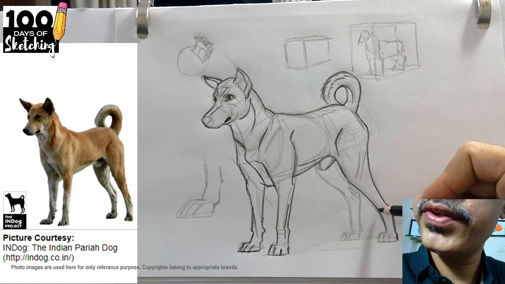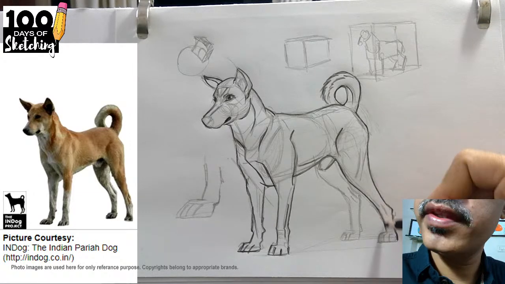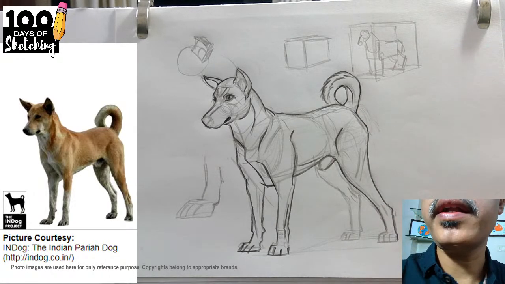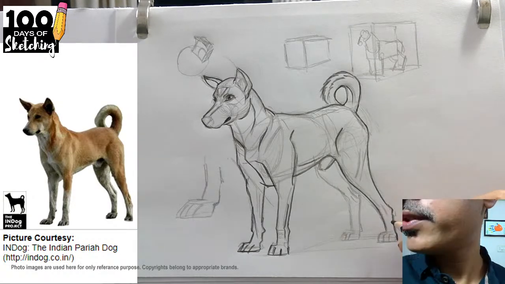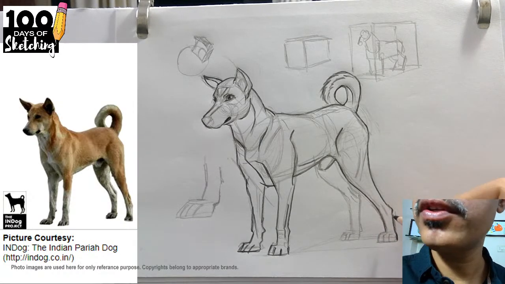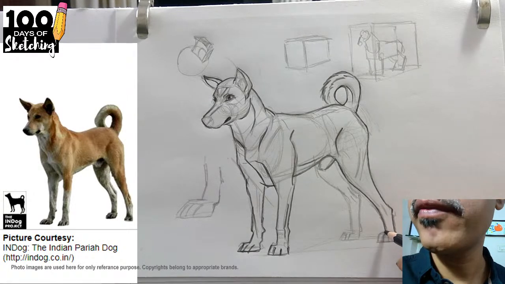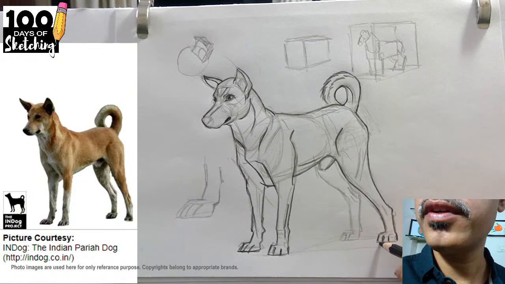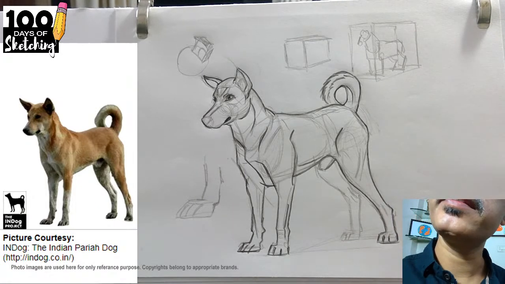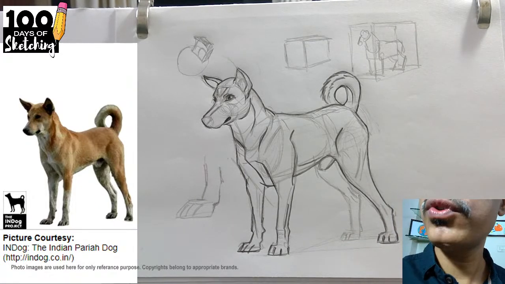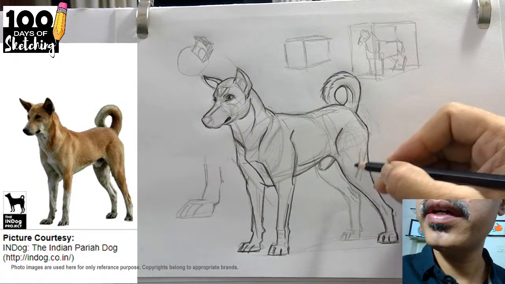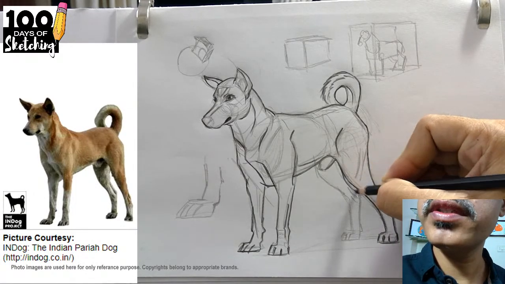So a very interesting thing. When I actually started, I was also very much not sure. I used to get scared when somebody asked me to draw animal characters. I was not clear about the structures and all those things.